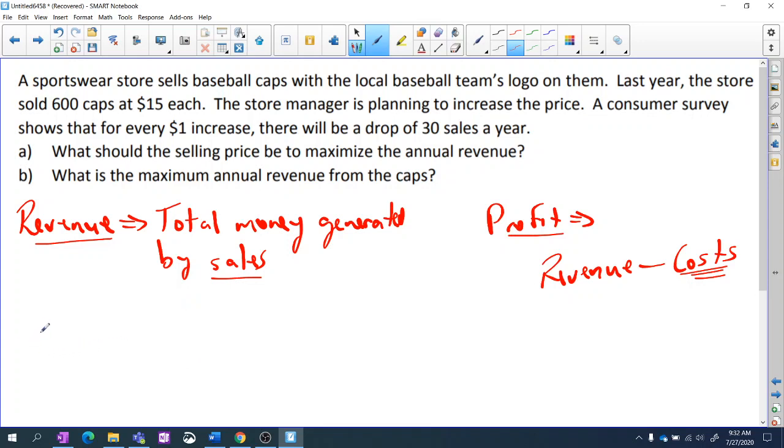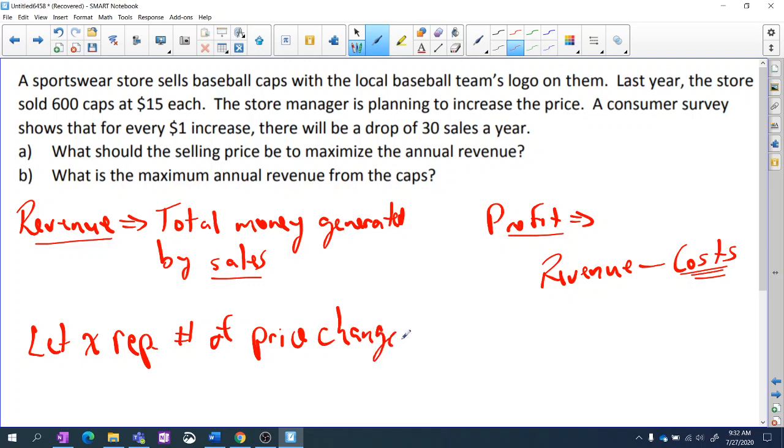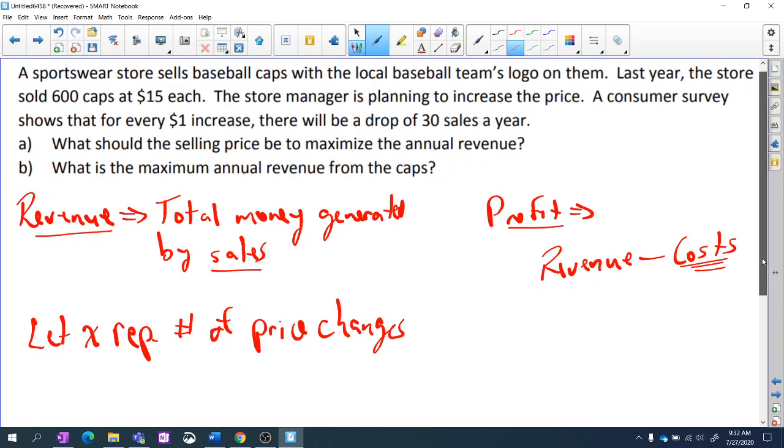So in these cases, you have to bring in a variable, and it's generally pretty much the same thing. I'm going to let x represent the number of price changes. Like, how many times am I going to change the price? And now I'm going to use that and the information up above.